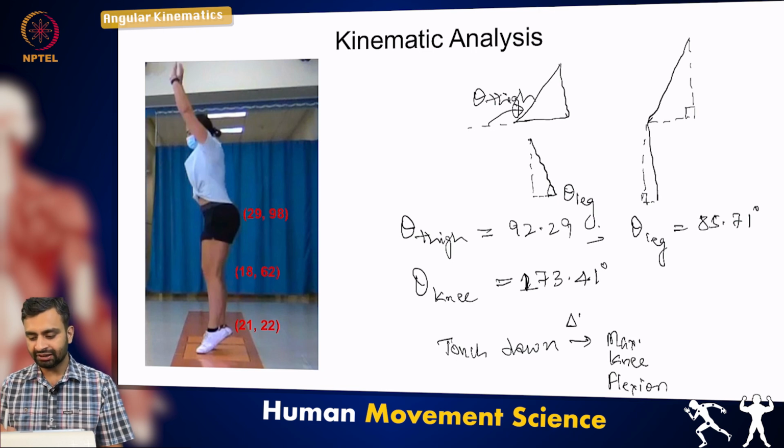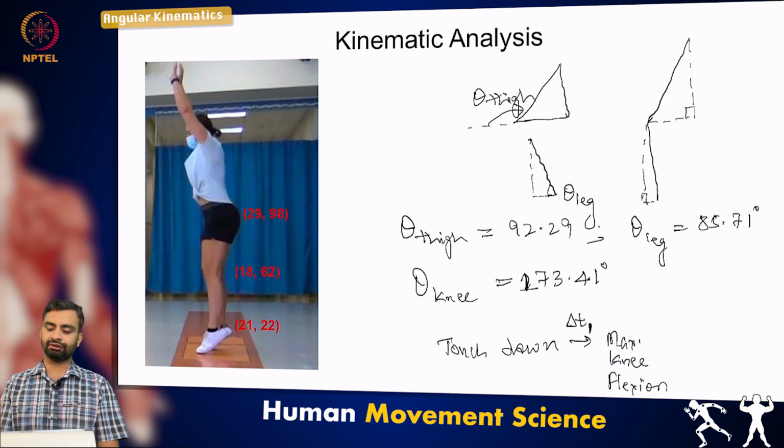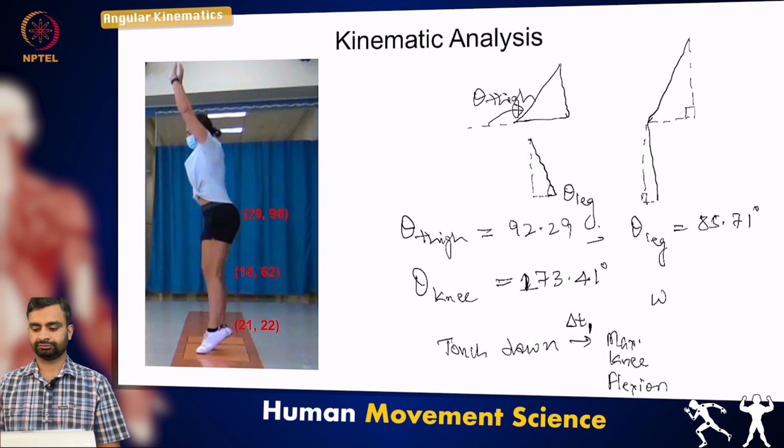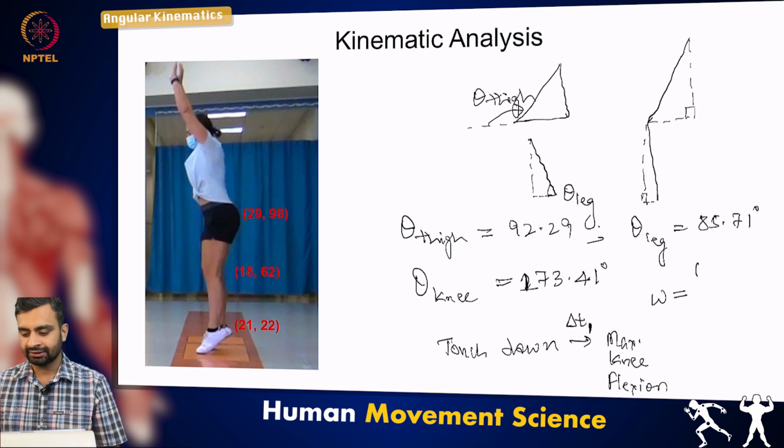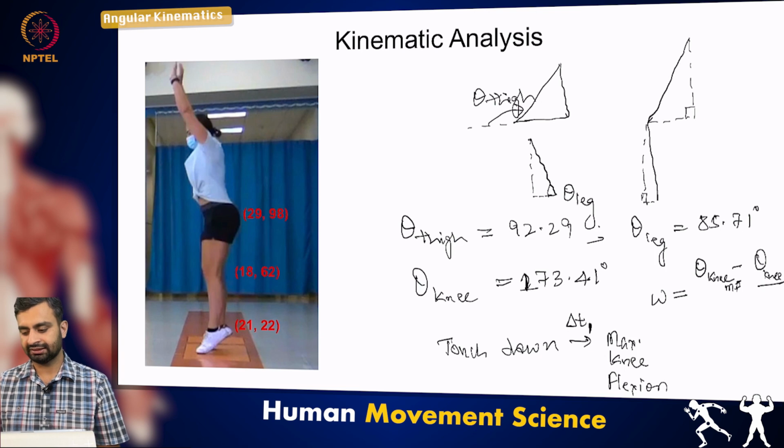then if that time is t1, your average angular velocity to reach that position would be theta knee at maximum flexion minus theta knee at touchdown, divided by the time at maximum knee flexion minus the time at touchdown.